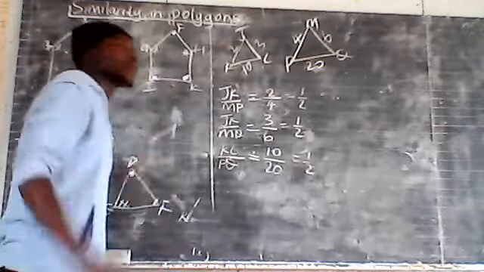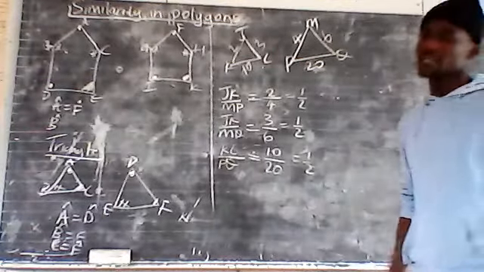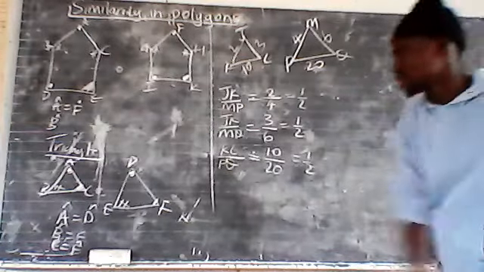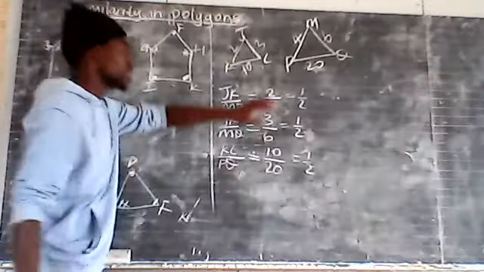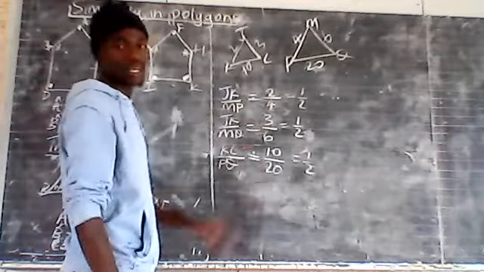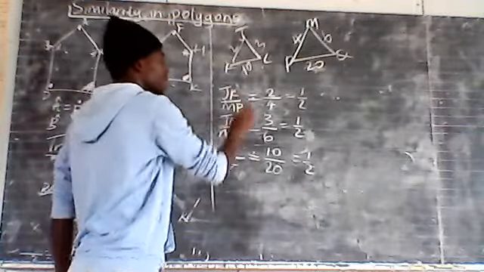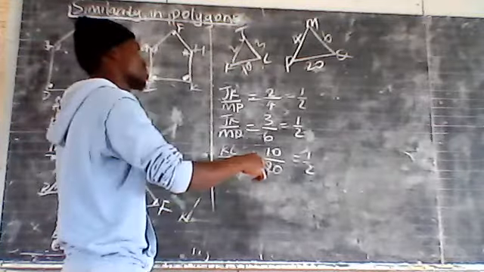So I just want to enlighten you on the second feature, by which we can prove that certain triangles are similar. If I can find that the ratio of the corresponding sides, remember it is a ratio, that is why I've divided JK by MP.